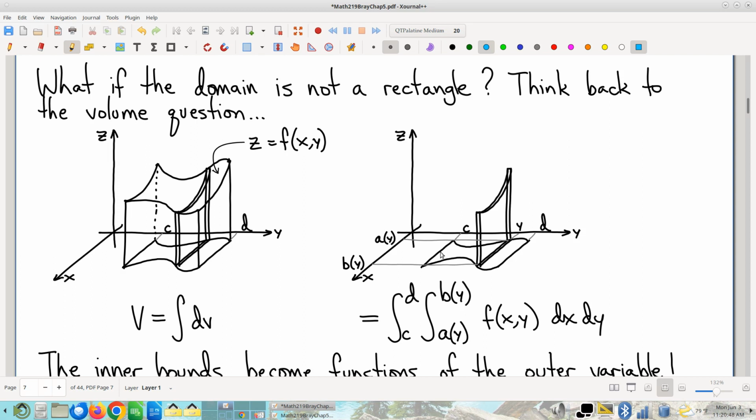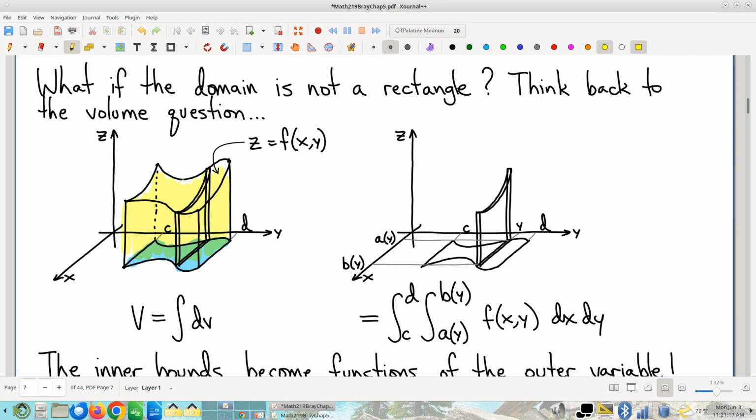Not that it won't happen, but in general, you wouldn't expect domains to be rectangles. So, for example, if I have a shape like this in the xy plane, not a rectangle, and I'm looking at some surface, and I want to compute the volume sitting under some surface over this non-rectangular domain, how do we compute that volume?